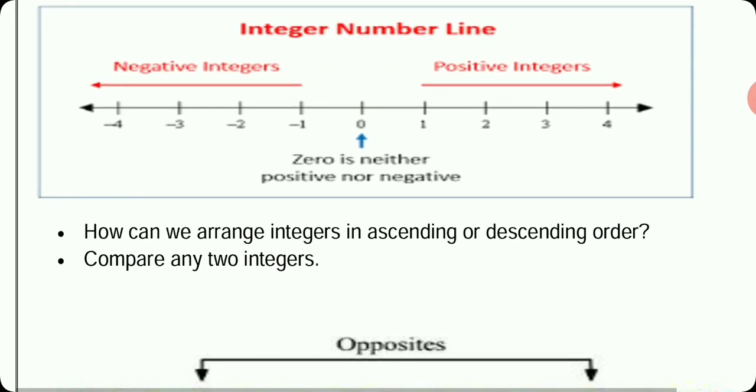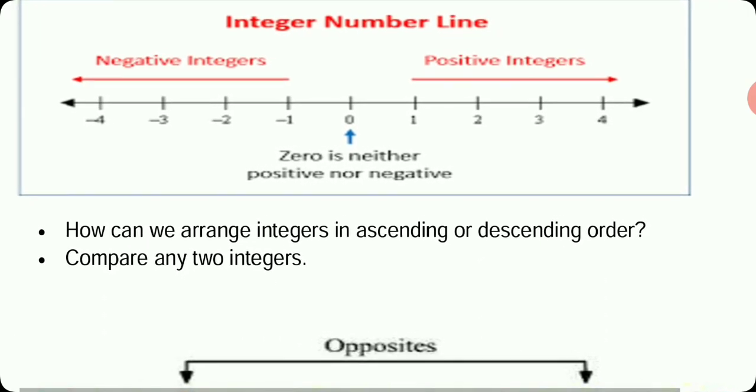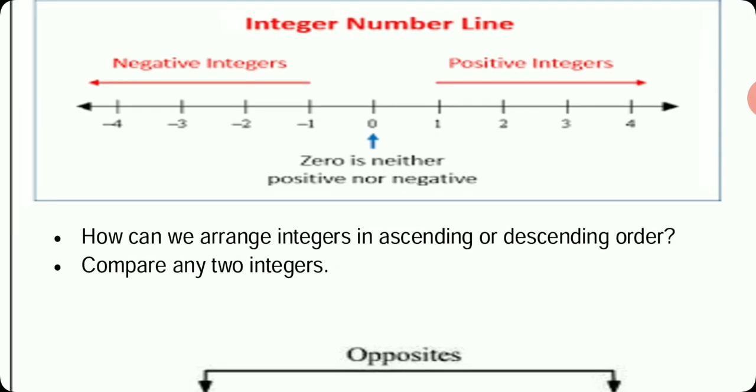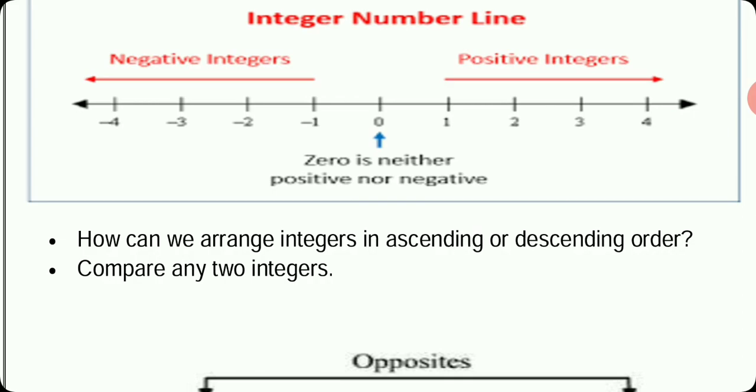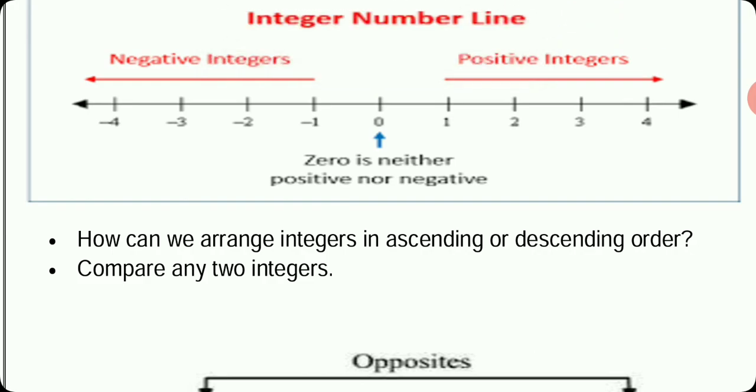Next, can you arrange the integers in ascending or descending order? Of course, we can do this. If you observe the number line, the numbers that lie on the right side of the number line are always greater than the numbers that lie on the left side. That is, 3 is greater than 1, 3 is greater than -1, 4 is greater than -3, 1 is greater than 0, -1 is greater than -4, like this.